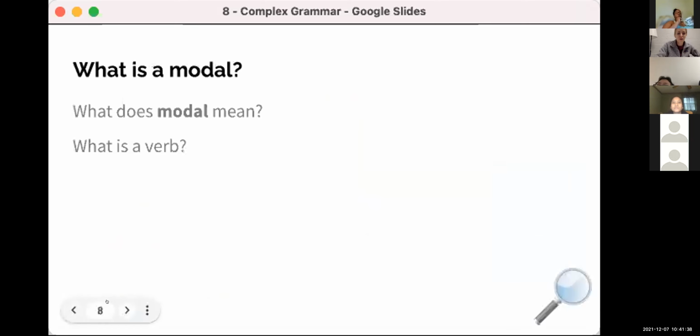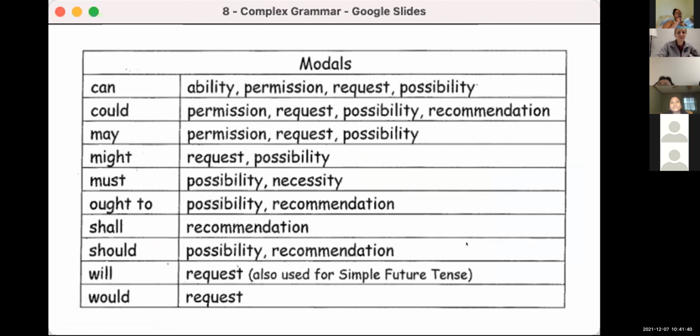We go back to this chart from the beginning. On this handout, it doesn't say advice. It uses recommendation. That's the same. Yes and no, it's the same enough. When you see advice, that's equal to recommendation. On this chart, we'll use should as that recommendation, and ought to.